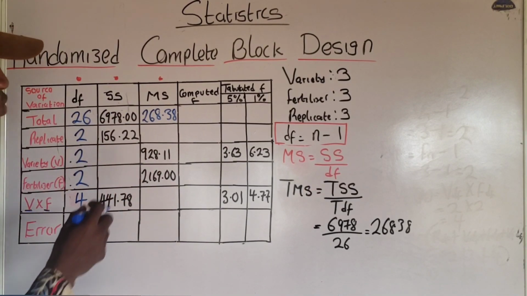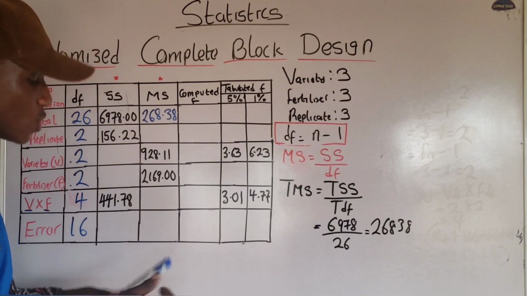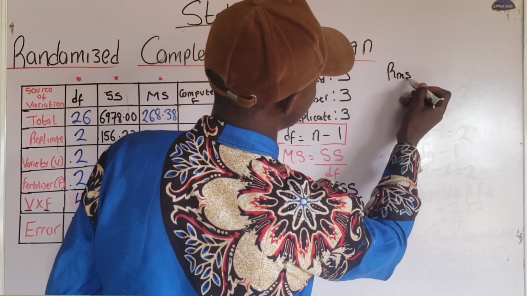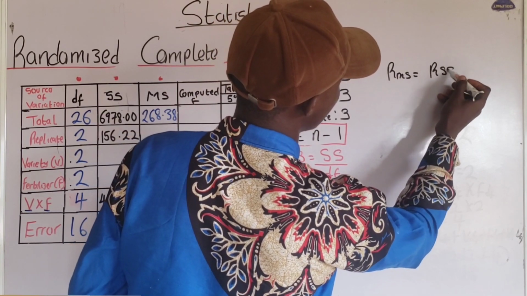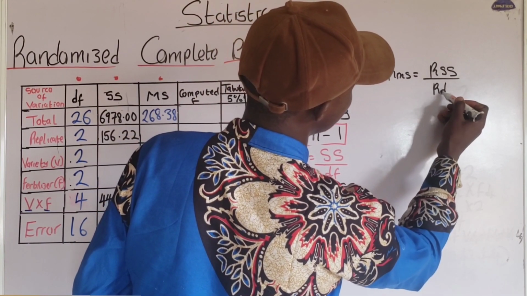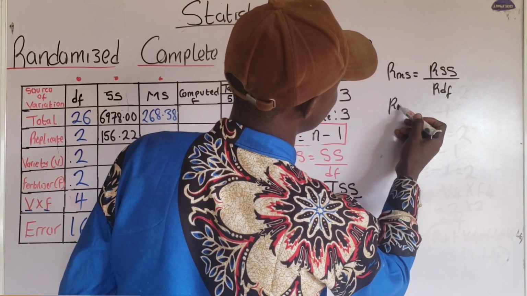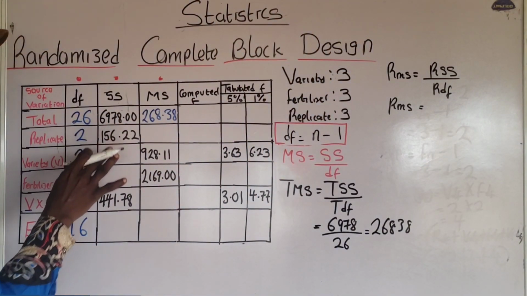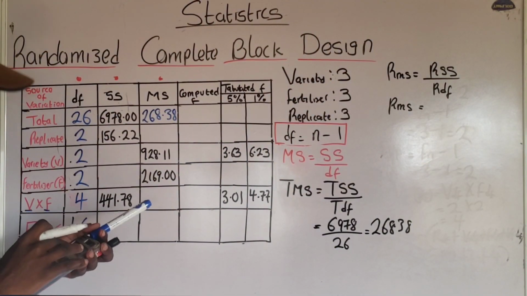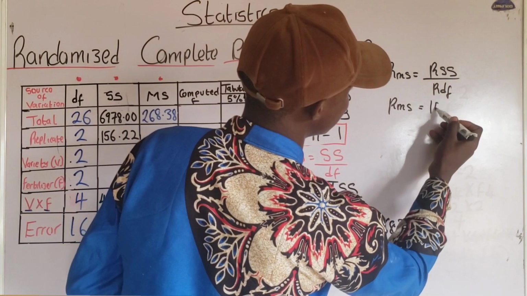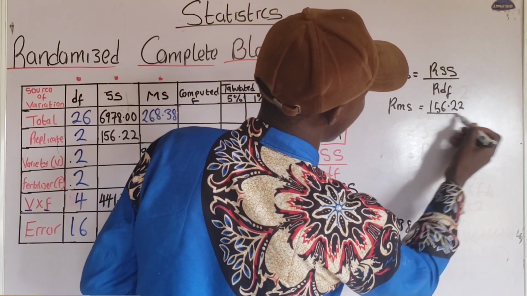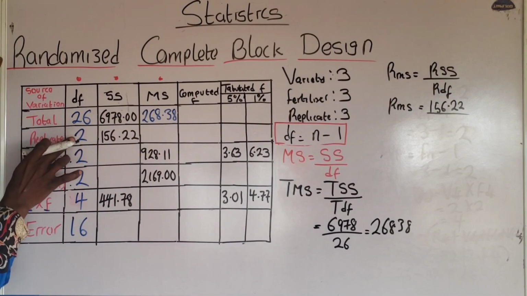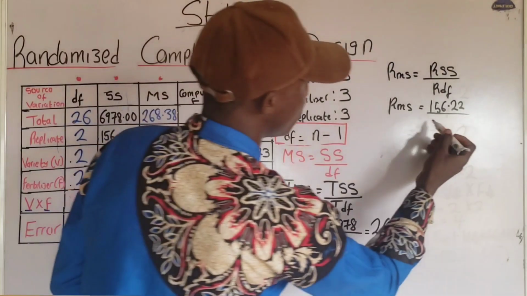We've gotten the total mean squared. Let us get the replicate mean squared. The replicate mean squared is equal to the replicate sum of squared all over the replicate degree of freedom. The replicate sum of squared is 156.22, and the replicate degree of freedom is 2.